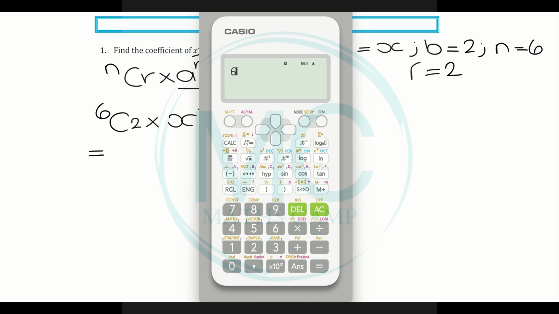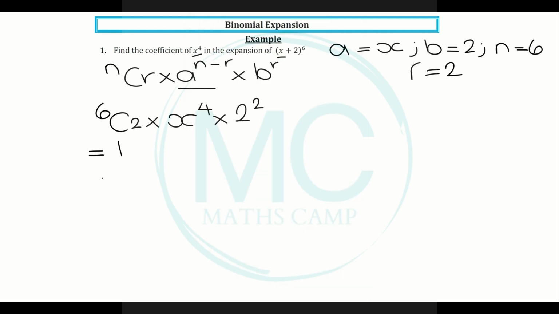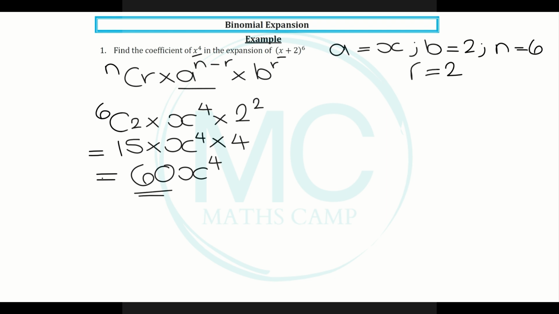We can say 6C2 is equal to 15. So this becomes 15 multiplied by x with an exponent of 4 multiplied by 4. 15 multiplied by 4 gives us 60. So we get 60x with an exponent of 4. So the coefficient is 60.